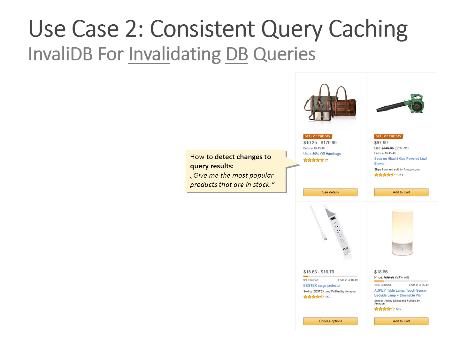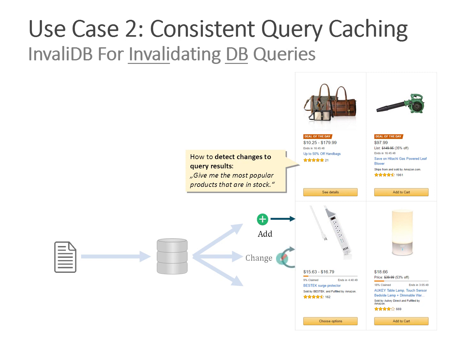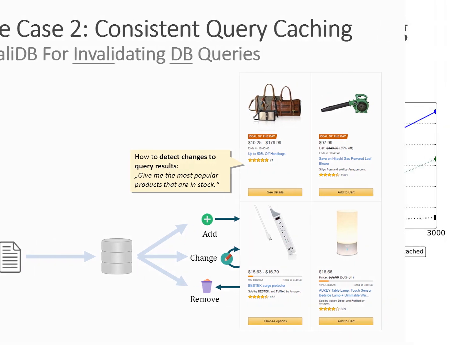So for example, user searches for products in a web shop, and then we deploy InvaliDB to detect whether anything has been added or changed or removed in any of the currently cached database queries. And if that's the case, we just have InvaliDB invalidate all the caches. So that lets us cache things that you would normally not be able to cache because we can track whether or not the results have changed.